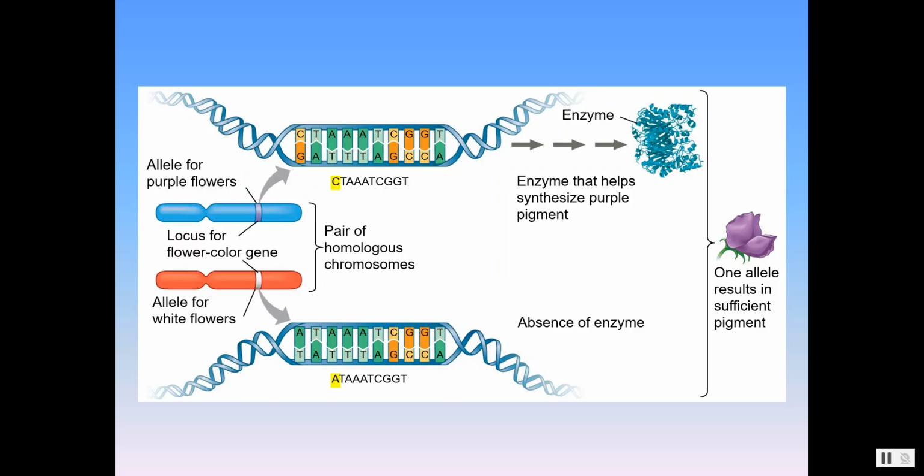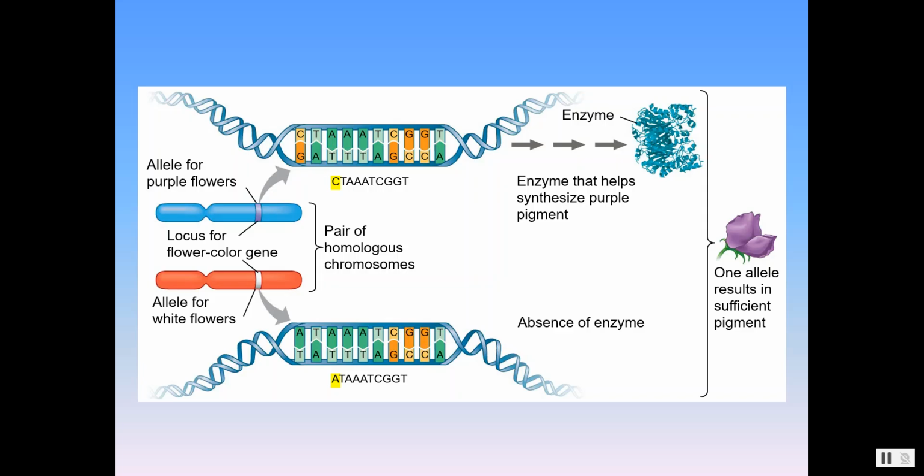On the bottom, the white flower, notice how the C is mutated or changed to an A, which means that the bottom gene segment, ATAAA, etc., does not code for purple, and so that equals the absence of purple, which is white.